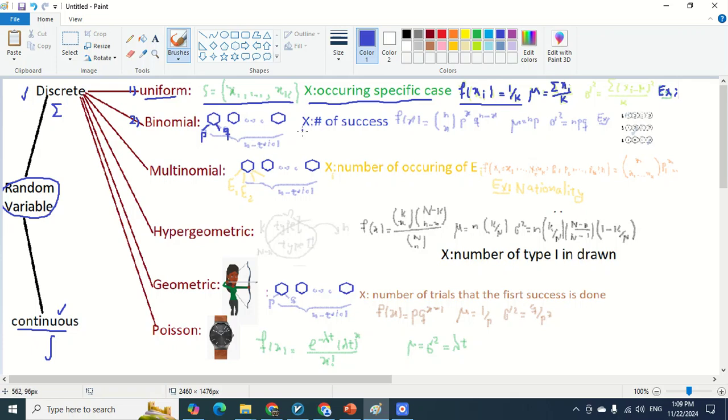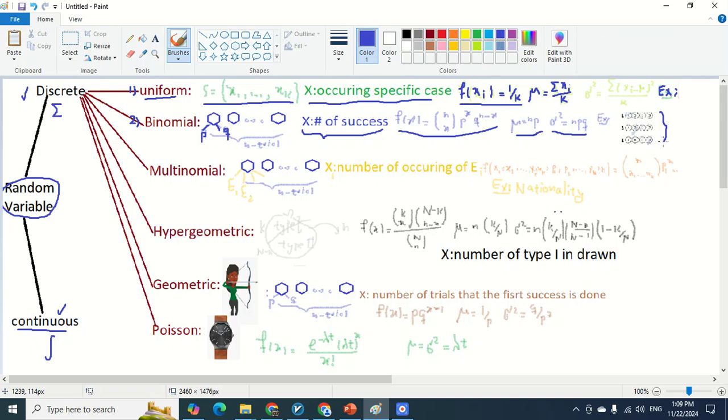The most important thing here is the random variable, which determines the number of successes, and the probability distribution function is given by this formula, and the expected value is np, and the sigma squared, or variance, is npq.